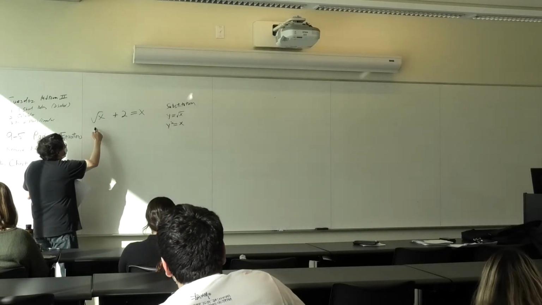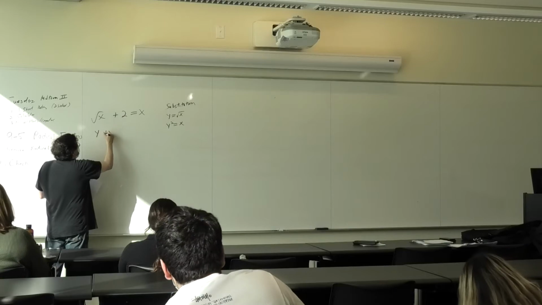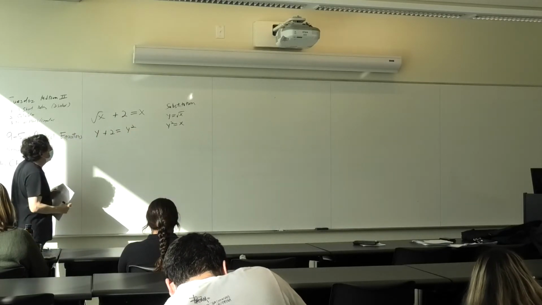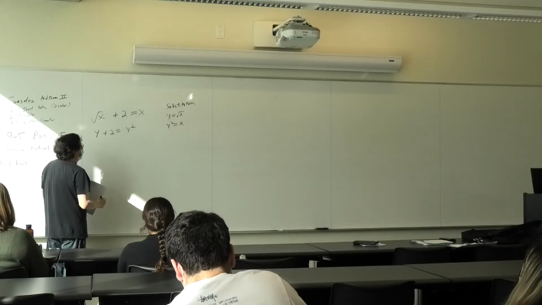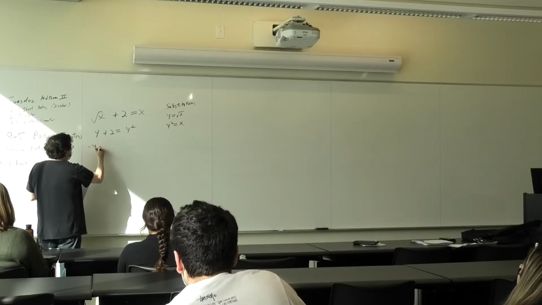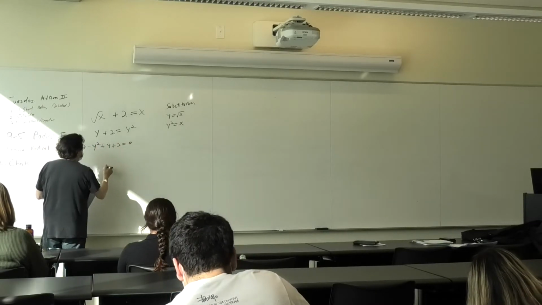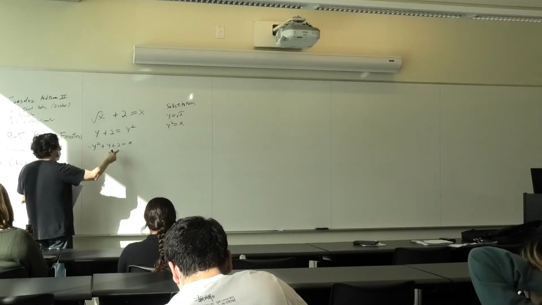Okay, so that transforms this equation kind of nice. You get y plus 2 equals y squared. And again, I want to move everything to one side. So minus y squared plus y plus 2 equals 0, or since I'd rather not have a minus here, I'll multiply through by minus 1.